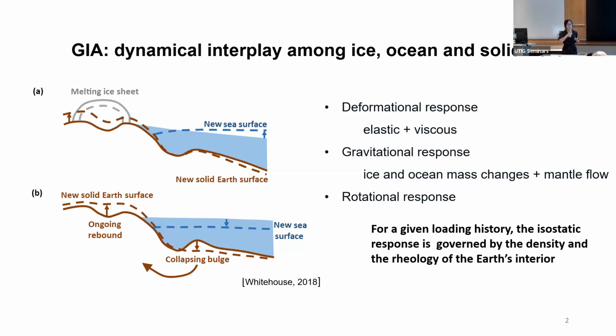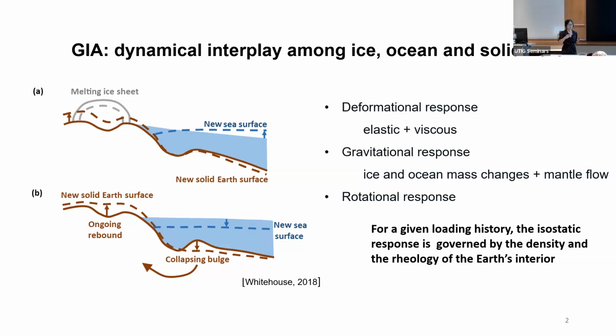This is time dependent, so if the force is gone, the response is still ongoing. This is why people are very interested in the GIA problem: the signal is gone, but the response from the mantle flow is ongoing, and we can observe those signals to learn what happened in the past.